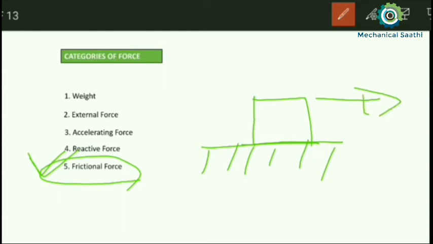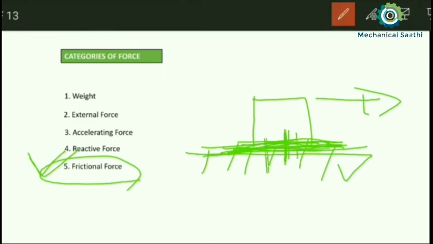When it is moving, it is coming in contact with this support. In this region, the lower region of this body and the upper region of this support are coming in contact, due to roughness of these two bodies.